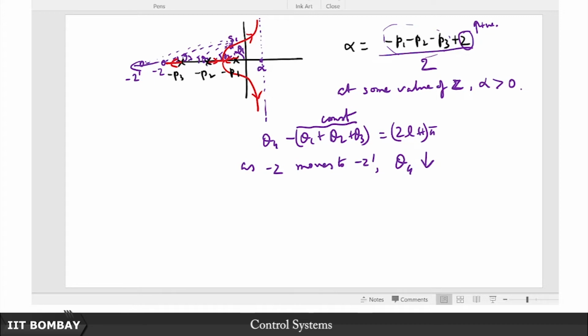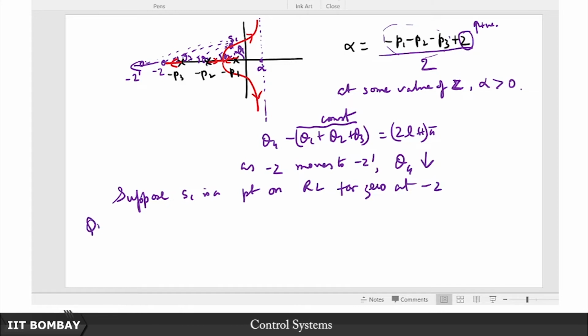Notice that if S1 shifts to the left, of course theta 4 again increases, but so do these three fellows, right? And there are 3 in number. So it is probably reasonable to expect that if you move this point S1, let me write it formally. Suppose S1 is a point on the root locus for the zero at minus z.